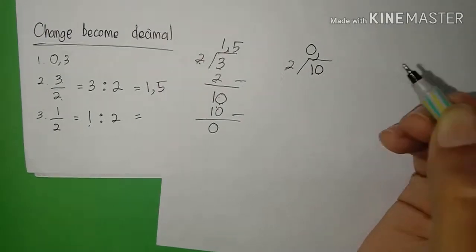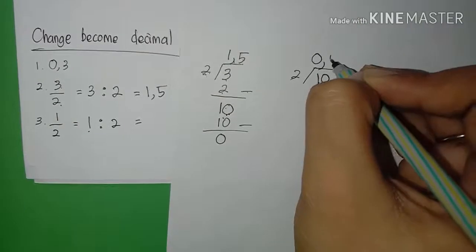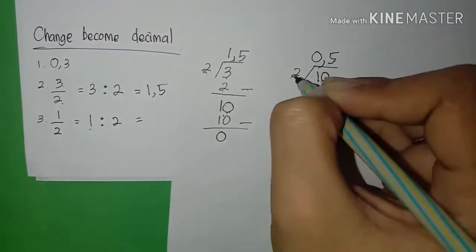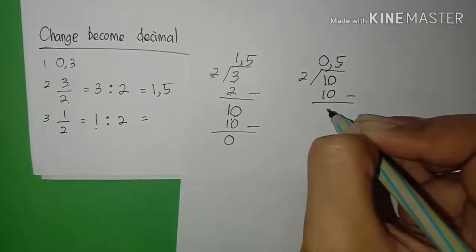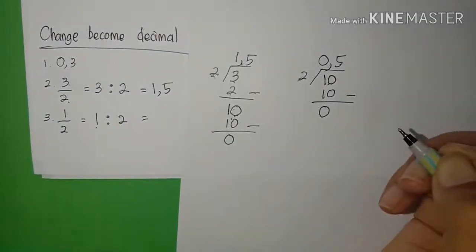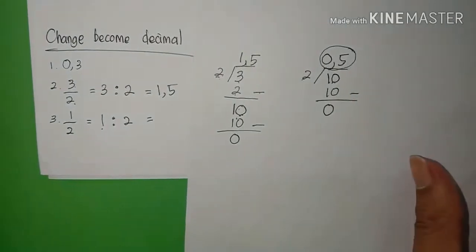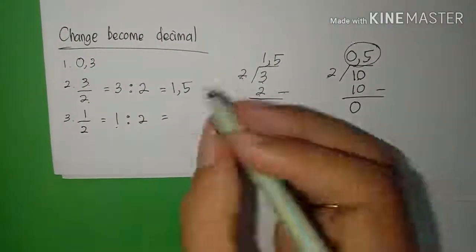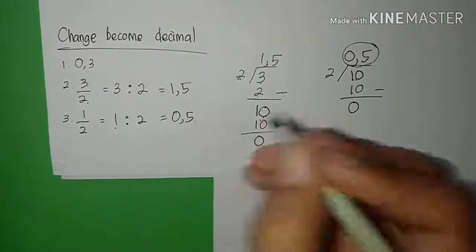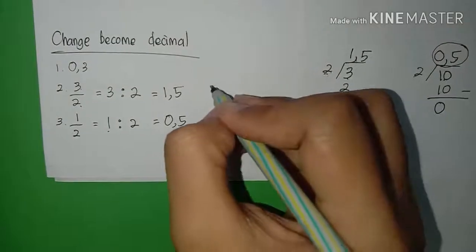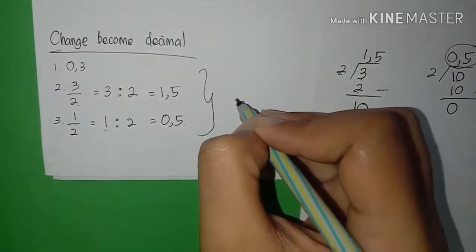Understand? 10 divided by 2 is 5, and 5 times 2 is 10, subtract and 0. So the result is 0.5. We can write here 0.5.